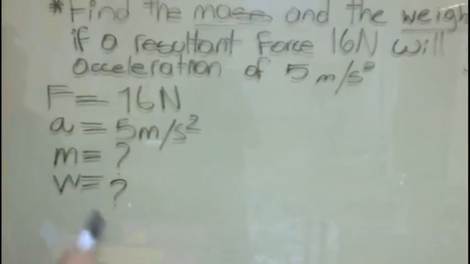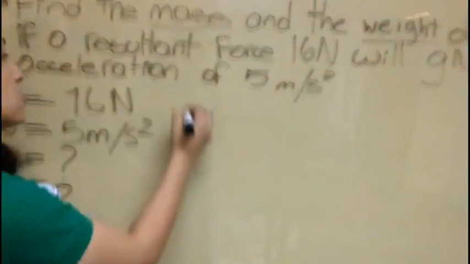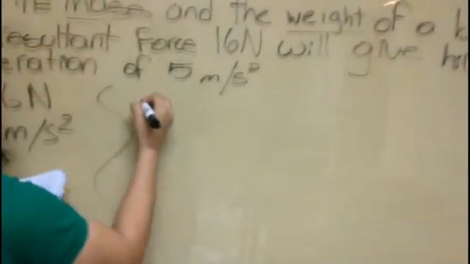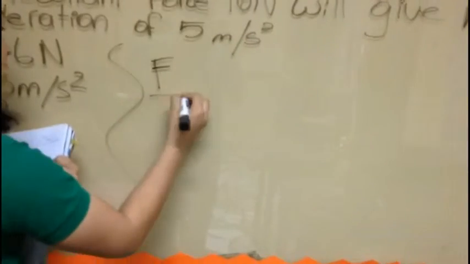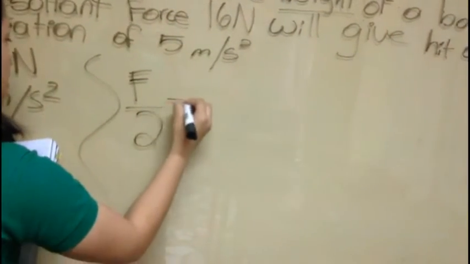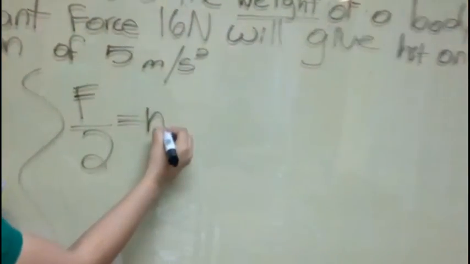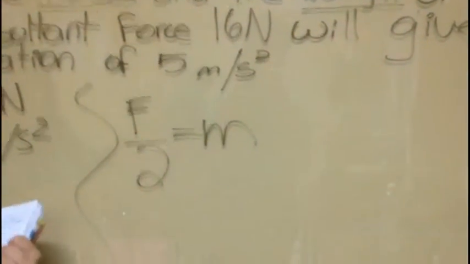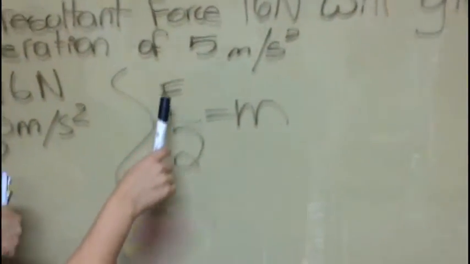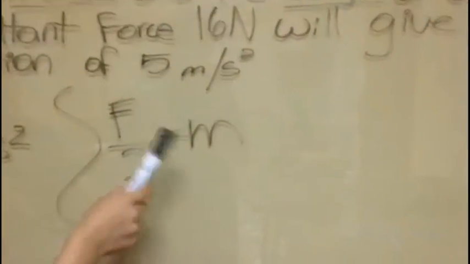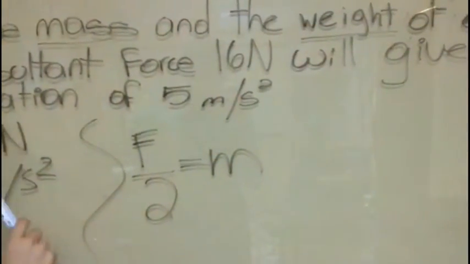We use these symbols to make it easier. So the formula that we're using right now will be force over acceleration equal mass, because they ask you for mass. So we substitute the letters with what they give us.